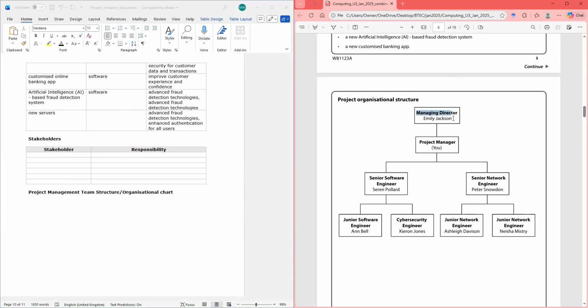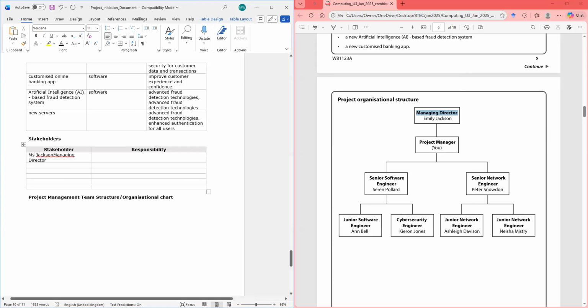Managing director is a stakeholder. It would be Miss Jackson or Emily Jackson, sorry. So Miss Emily Jackson. And what's the responsibility of Miss Emily Jackson?